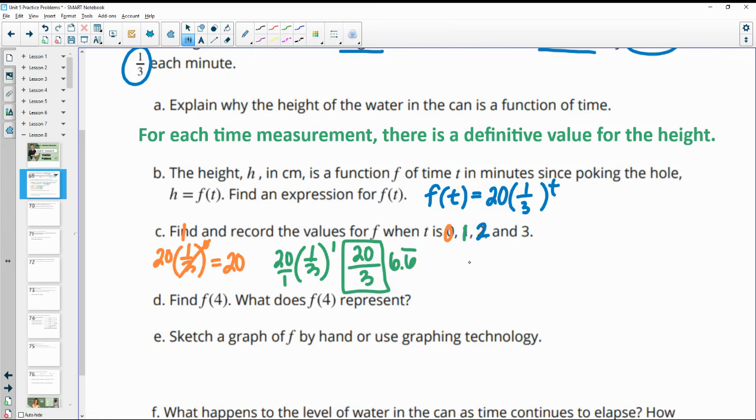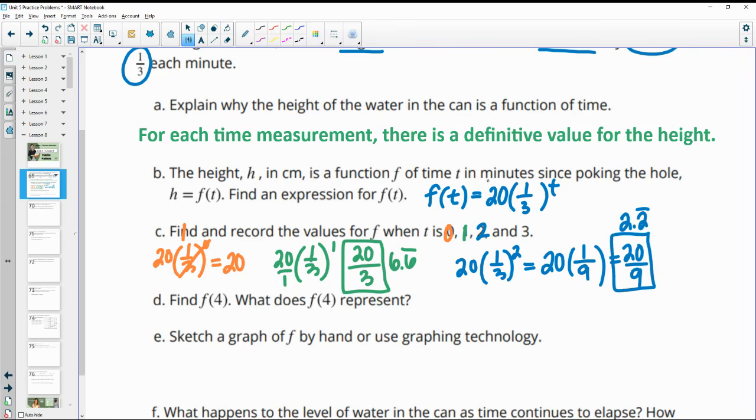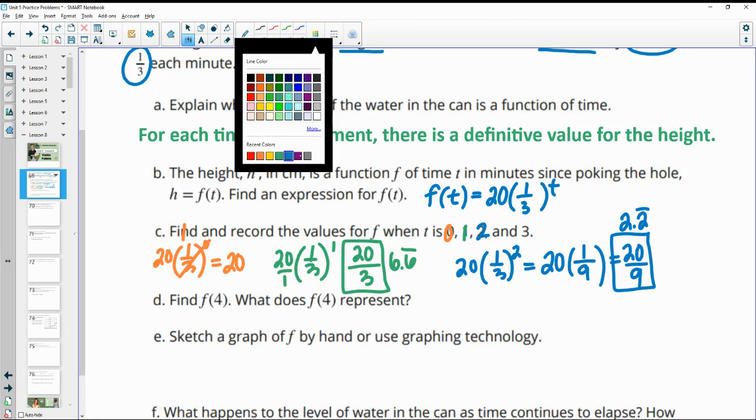For 2 minutes, then we've got 20 times 1/3 squared. And so if we think of 1/3 squared, that's going to be 1 times 1 on top, which is just 1, and 3 times 3, which is 9 on the bottom. And so then if we multiply that out, that's going to be 20/9 after 2 minutes. Or you could, again, certainly have the decimal version of this, which is 2.2 repeating.